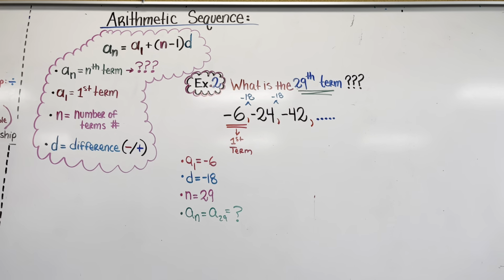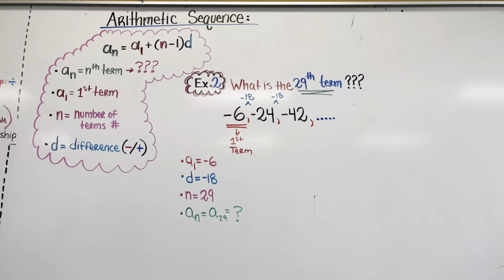So I have -6 minus 504, or you could have said -6 plus -504. So now I have -6 minus 504, which is -510. So the 29th term equals -510.